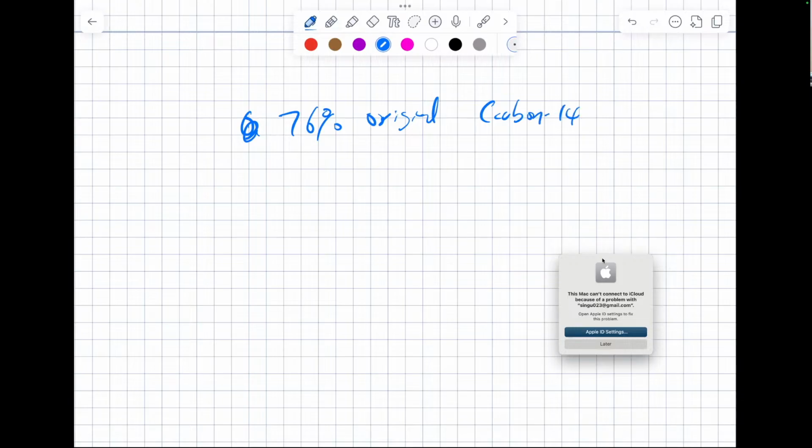How many years old is this fossil? So 76% left. What you're going to do is plug it into A equals P e to the rt. So where do I plug in 76?